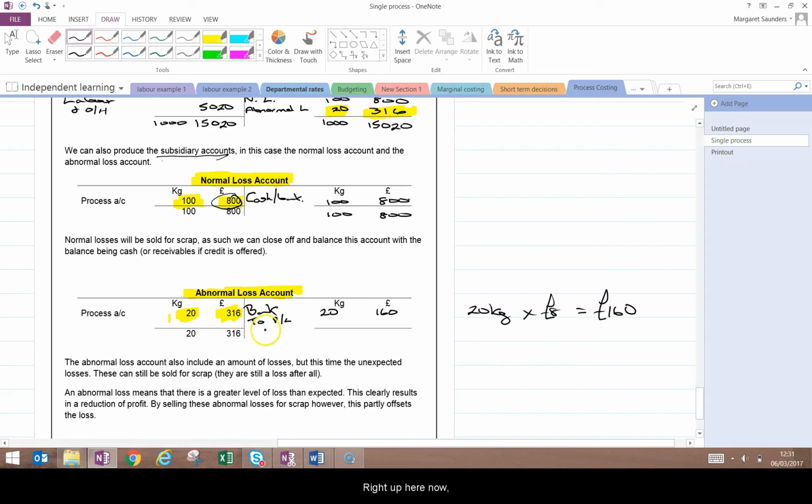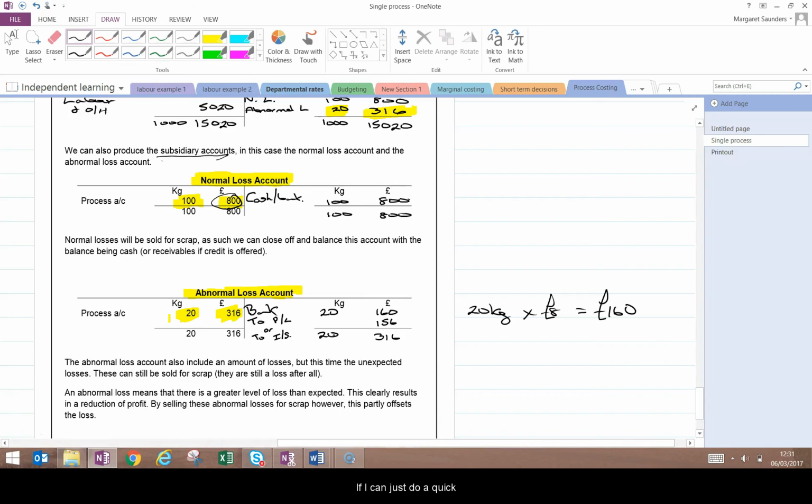So if I write to P&L or to income statement, whichever one you prefer, the balance is 156. So now that's our abnormal loss account completed. So that's the whole single process example complete.